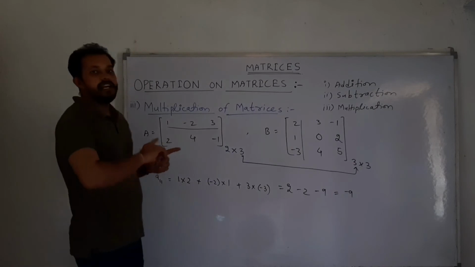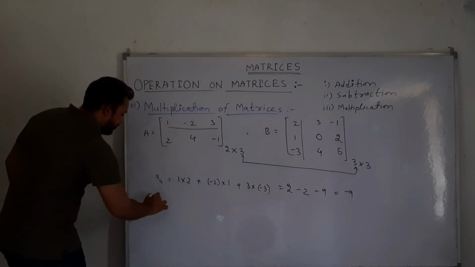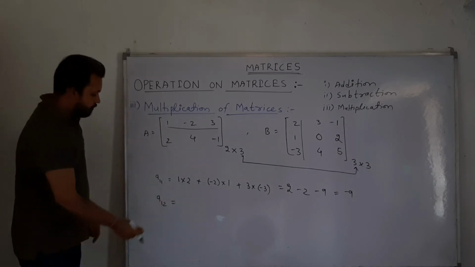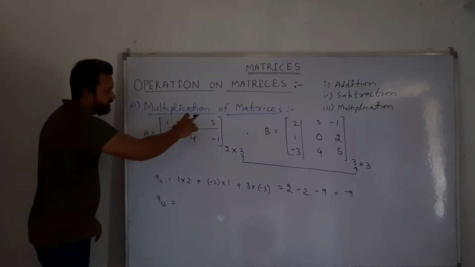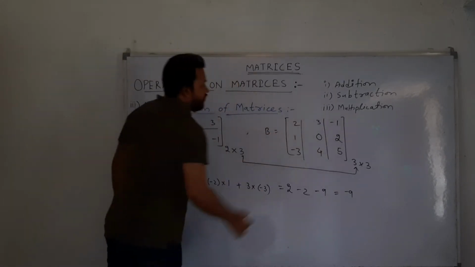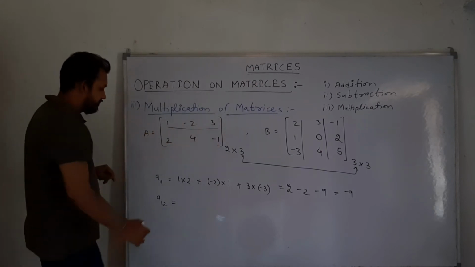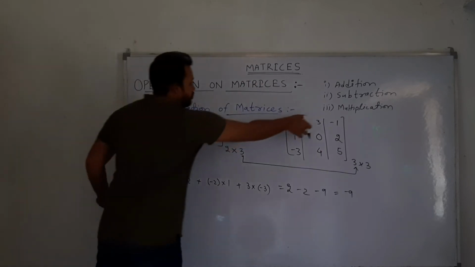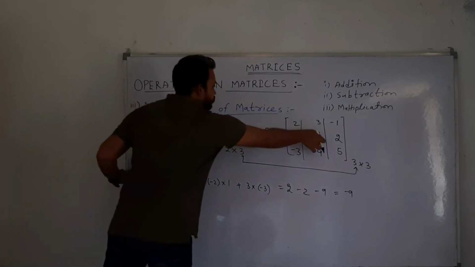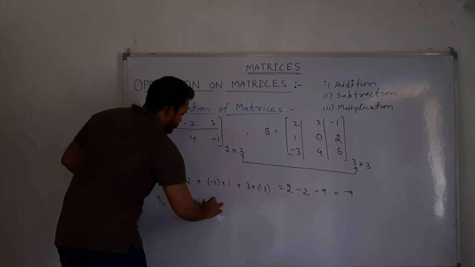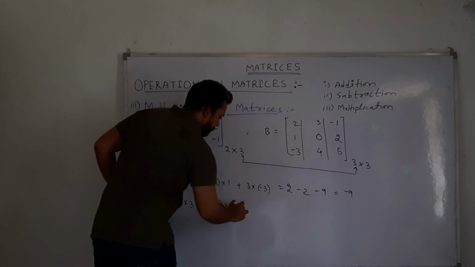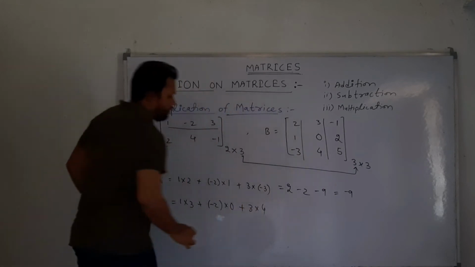Then we will get the second element, that means A12: first row of the first matrix, second column of the second matrix. That means 1 into 3, minus 2 into 0, plus 3 into 4.